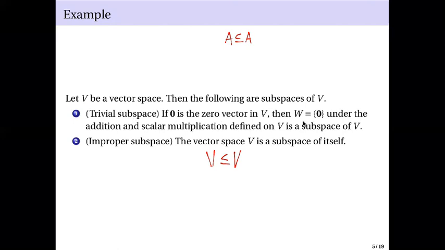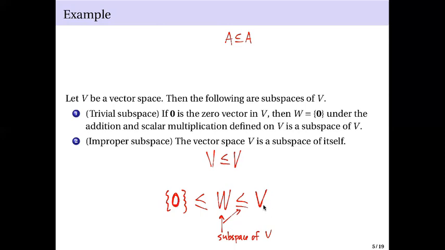So if we look at this chain, you have the zero subspace, which will be a subspace of W, if W is a subspace of V. This is the smallest subspace of a vector space.